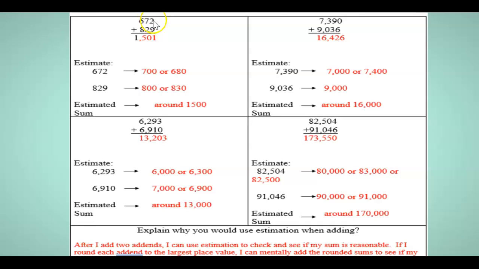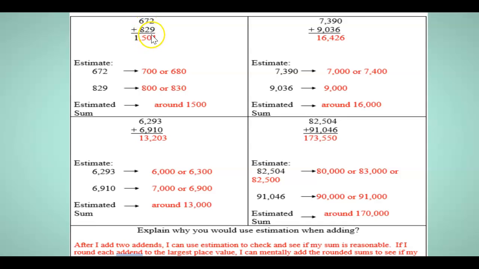So you always start with the ones place. As a reminder, you start with the numbers in the ones place. The 2 plus the 9 is 11. So you bring down the 1 in the ones place, and you have one group of 10 that you regroup. Now you have 1 plus 7 plus 2, that equals 10.